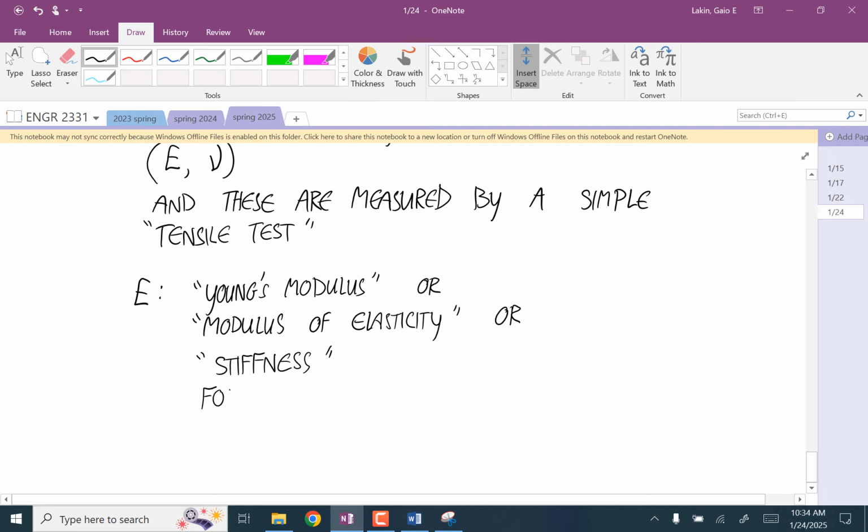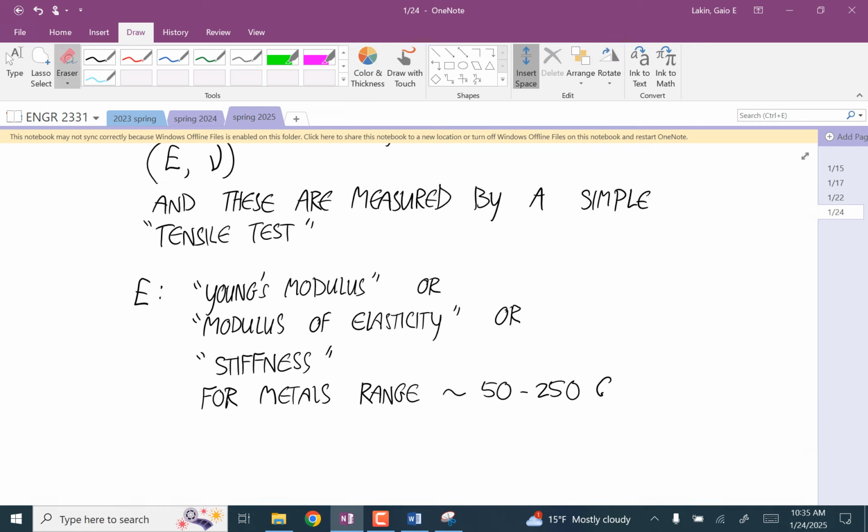For metals, the range is around, let's say, 50 to 250 gigapascals. No, I have that wrong. Megapascals. Now I'm second guessing myself.